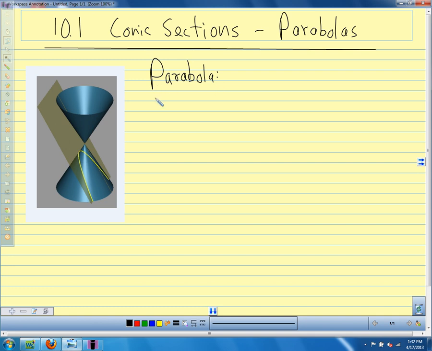A parabola is the set of all points, and we're in a plane.